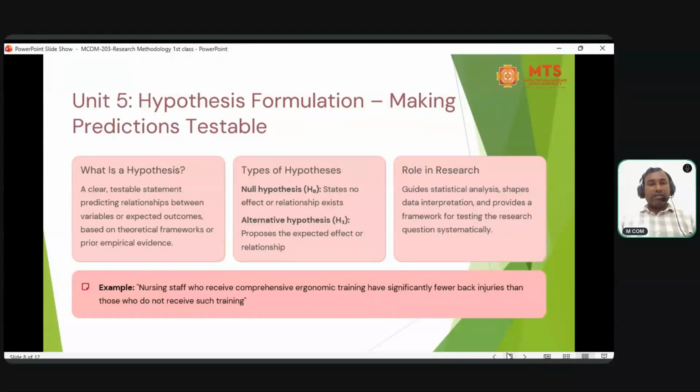Next is hypothesis formulation, unit 5. Before this, we can discuss some methods of data collection. Some primary data methods: how can we collect primary data? By observation, when some work is going on, we can collect data by observing it.